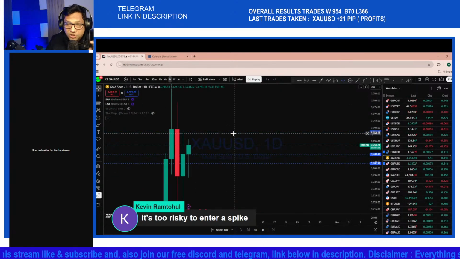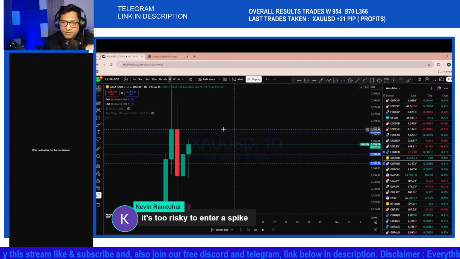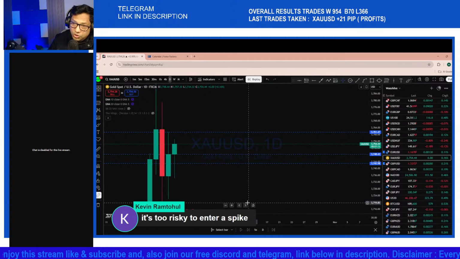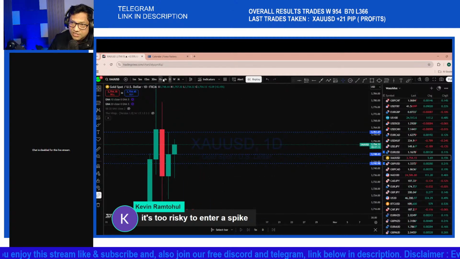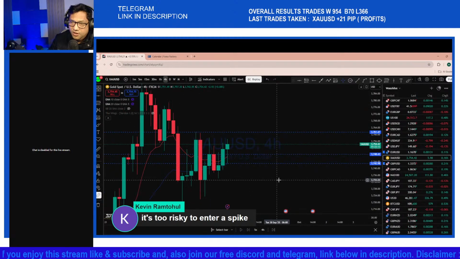While if the market is going to the daily high here, we can look for short. So two distinct areas that we will be looking at for potential entry.